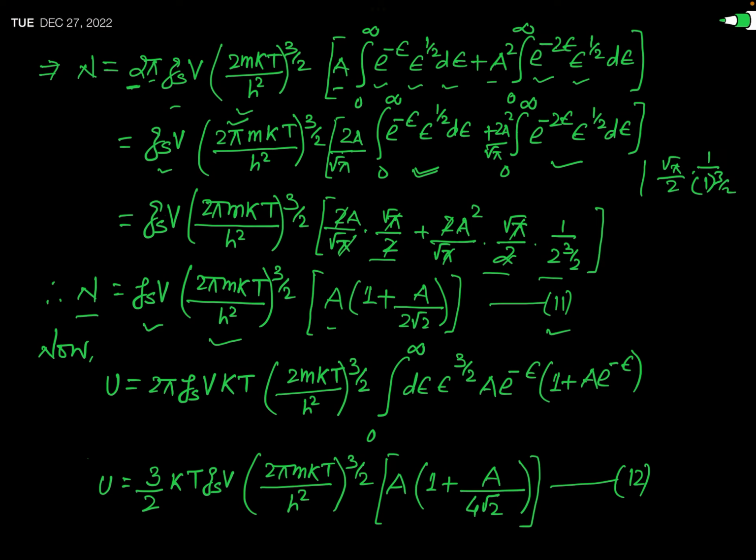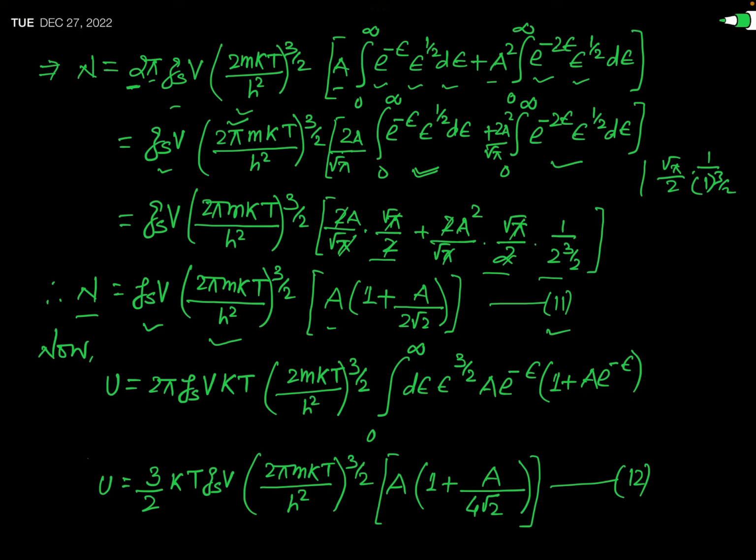Okay, now in the similar manner, when we actually use the concept of gamma function and try to evaluate this integral, what will be our result? I have written it here directly.